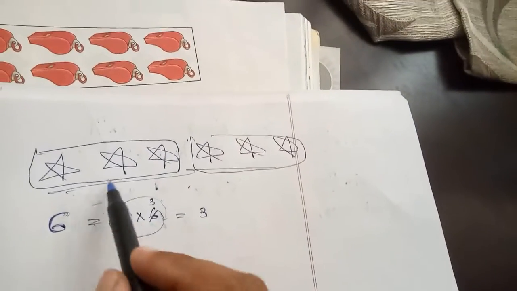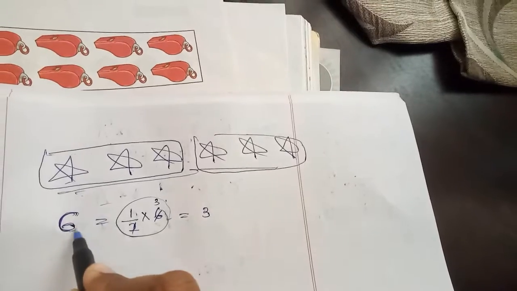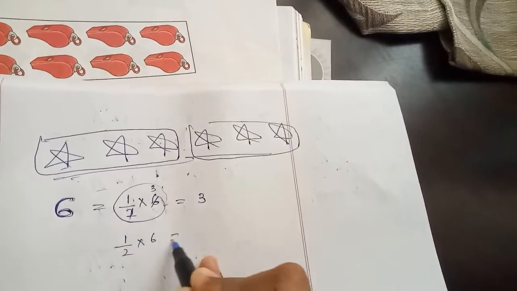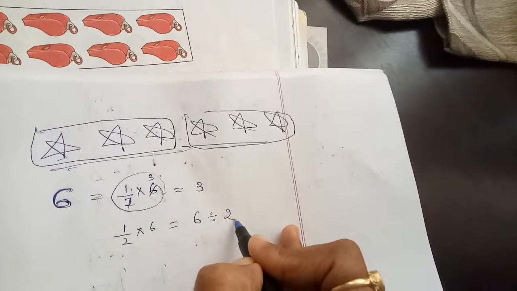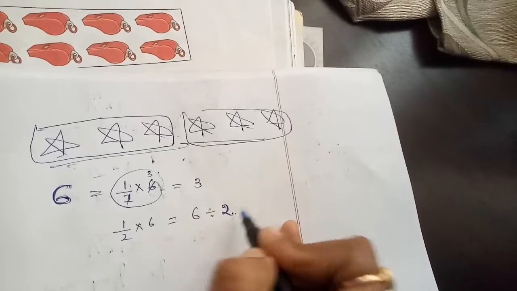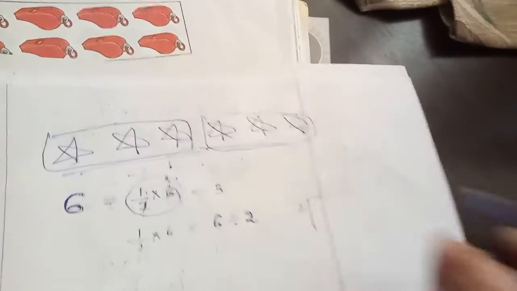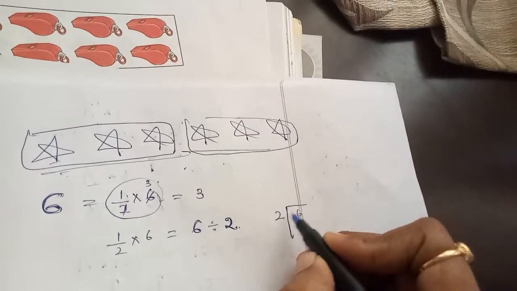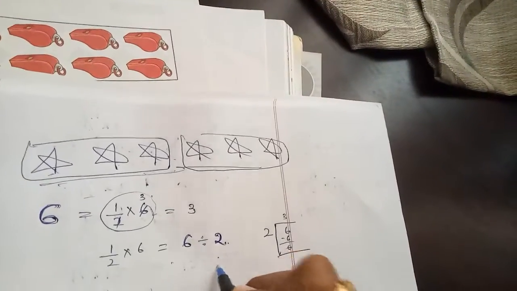Or else, here we have 6 stars in total. 1/2 means 6 can be divided into 2 parts. This is a part. 2 3s are 6. This way also we can do it, 3.